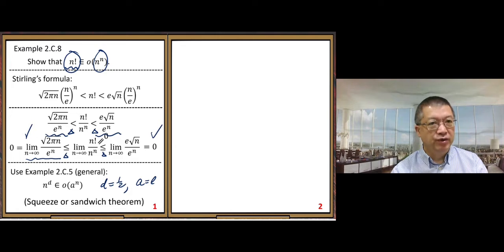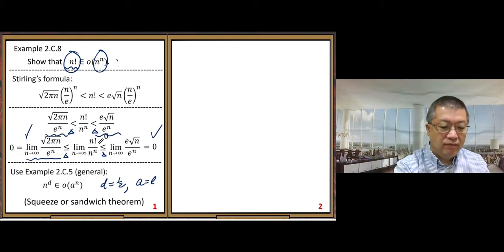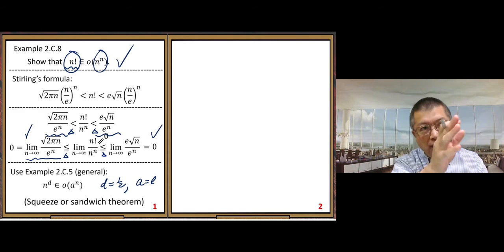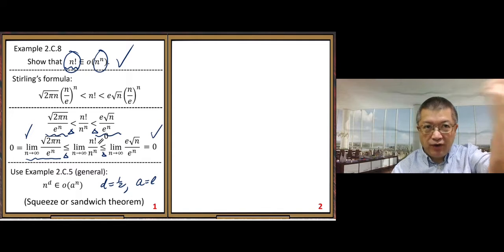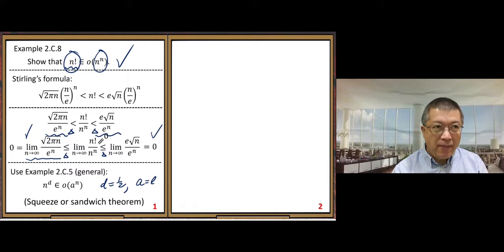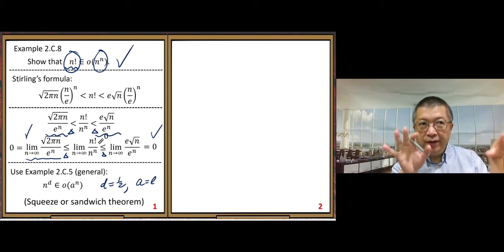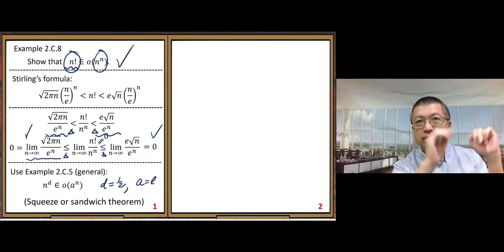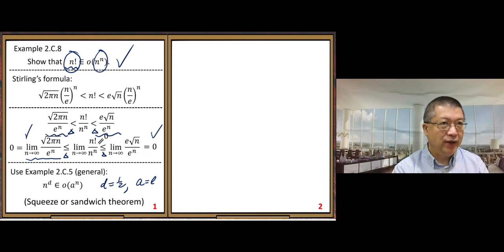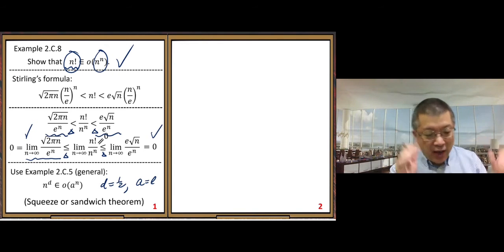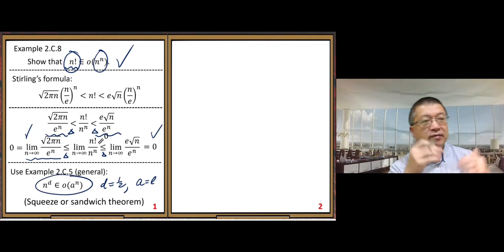So we proved n factorial belongs to little o of n to the nth power. So you can see how many results we need: Stirling's formula, then the squeeze theorem or sandwich theorem, then another result, that one.